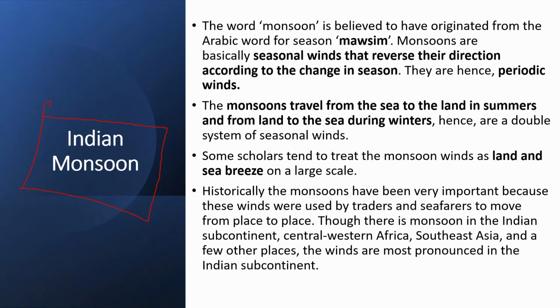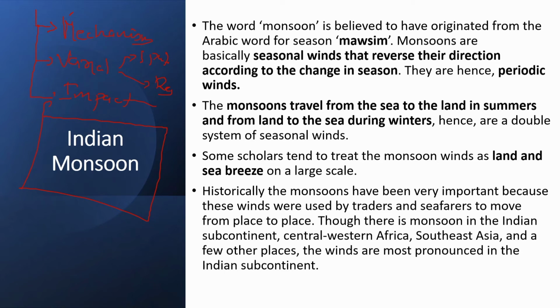So whenever we study the Indian monsoon, it is mainly studied under the following heads. First is the mechanism of the Indian monsoon. Then its variability, both spatially and regionally. Now, impact. So these are the major headings under which the Indian monsoon is studied.